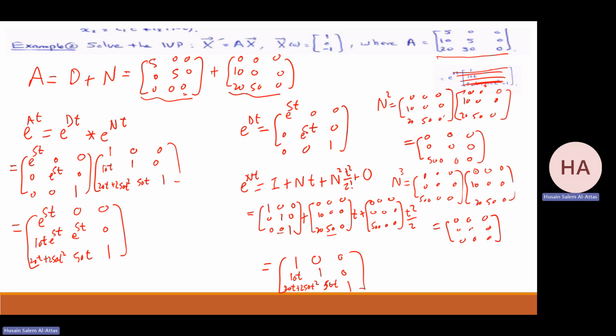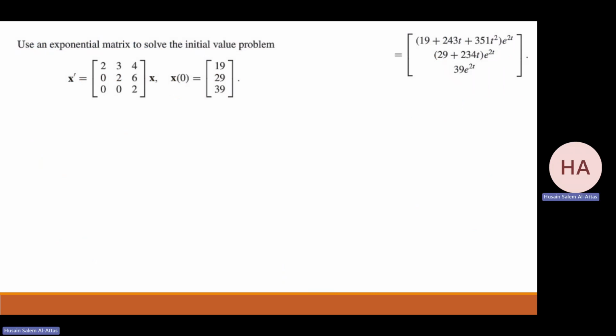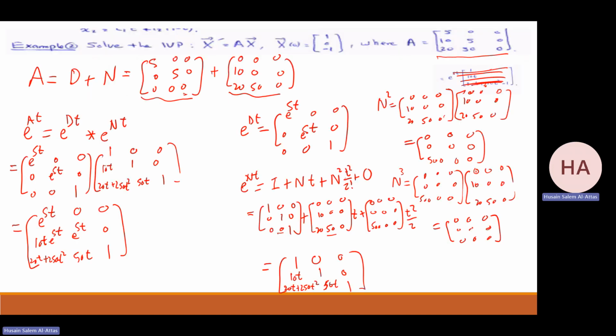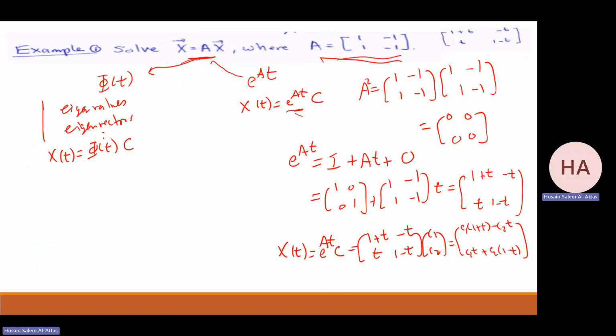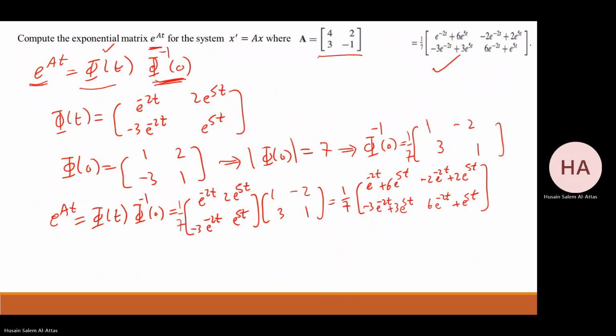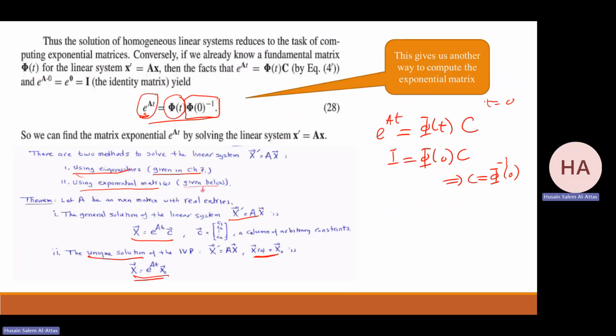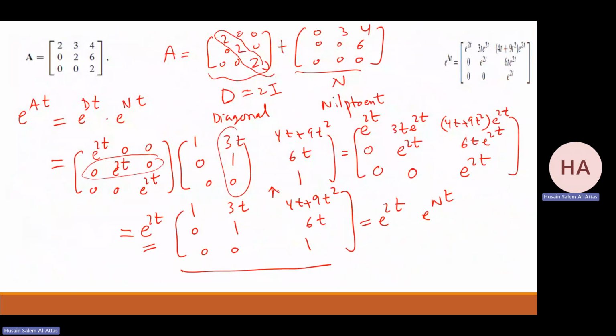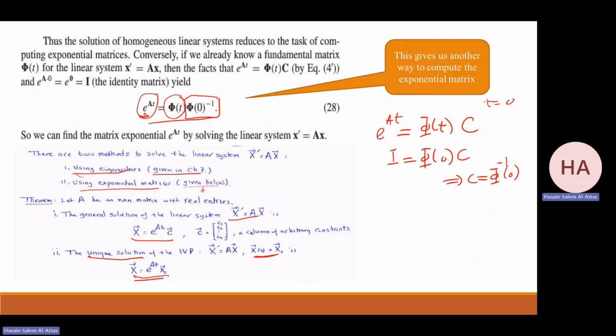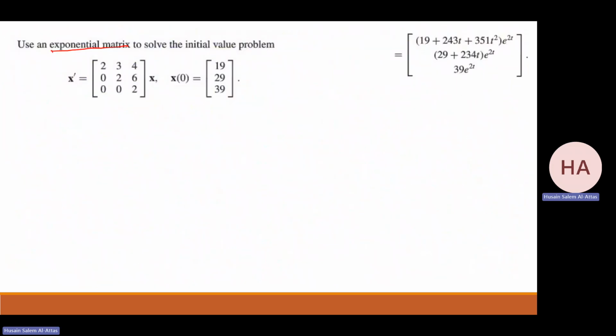Forget about this. Okay. Use an exponential matrix to solve this initial value problem. I think we did this before. Yeah, this is the one. So I need the exponential matrix. We'll find e to the power At first.